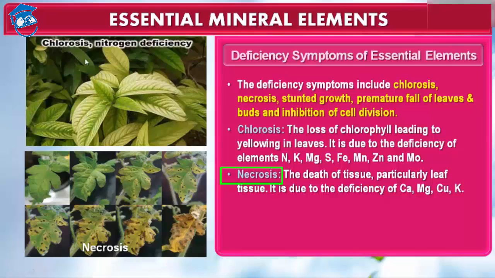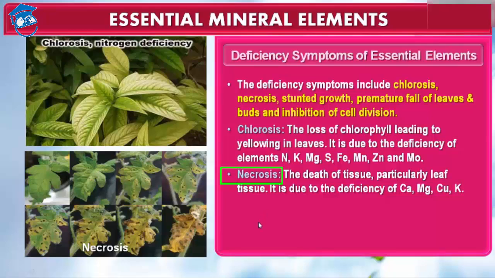See, this is the chlorosis which happened because of nitrogen deficiency, that means yellowing of the leaf. Then comes necrosis. See, this is the death of the tissue which happened because of the deficiency of calcium, magnesium, copper and potassium. These are the four elements because of which necrosis happens.